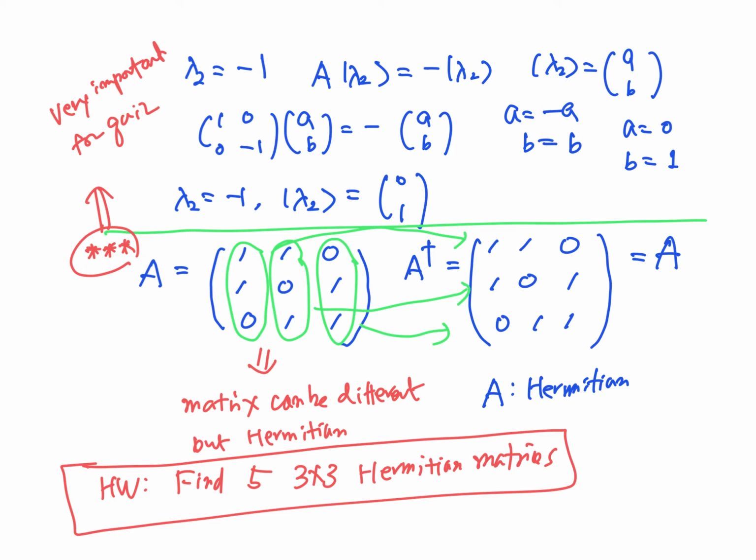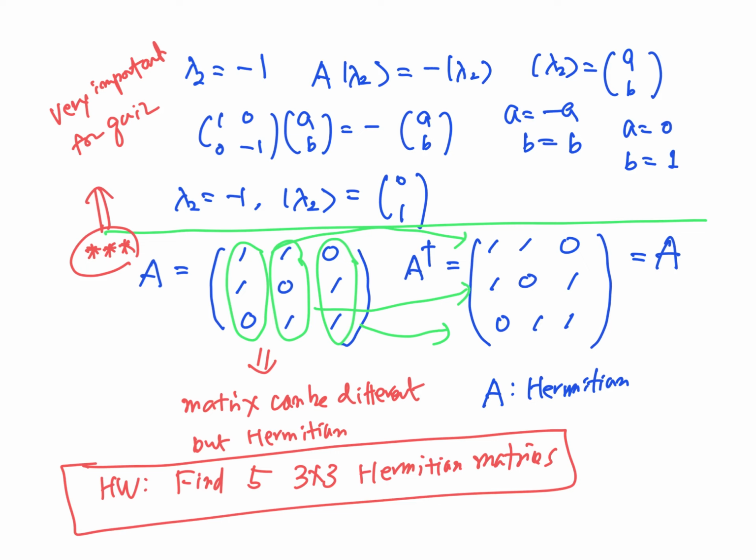If you go back to your home or dormitory, find 5 3 by 3 Hermitian matrices. If we are lucky, maybe the next quiz will be one of those matrices.